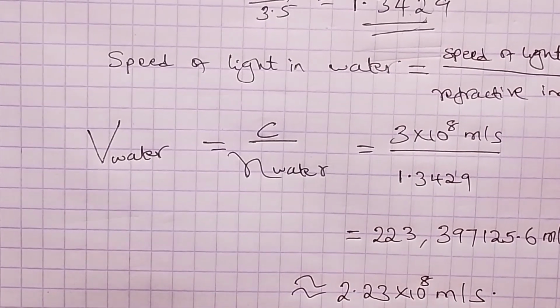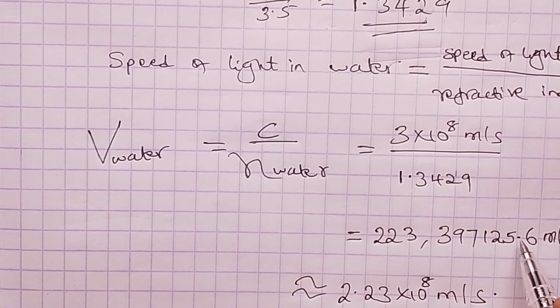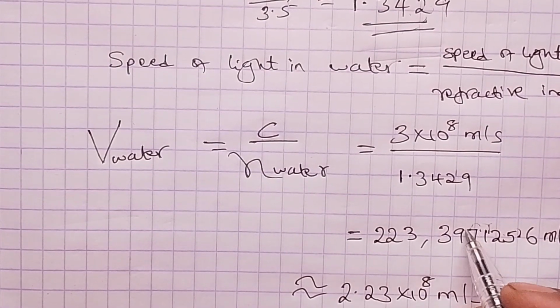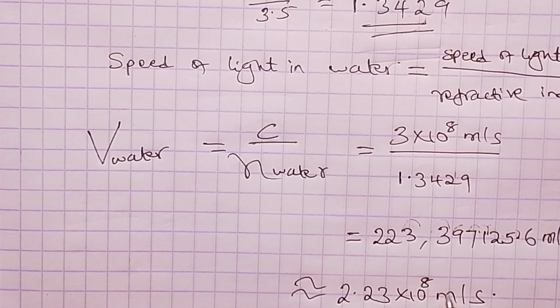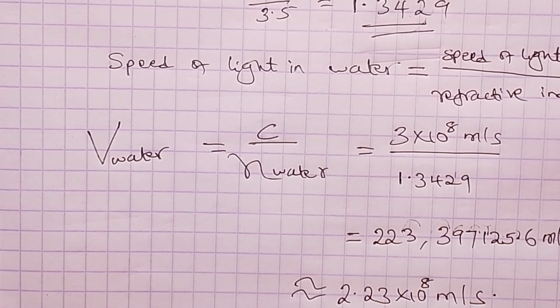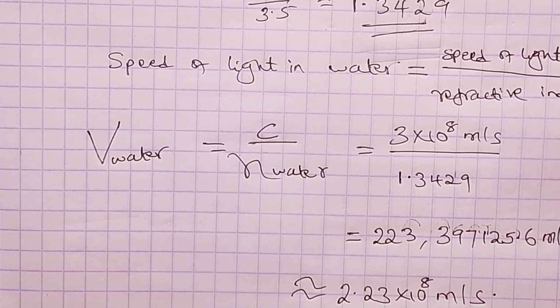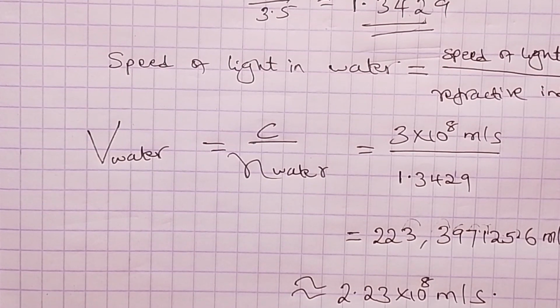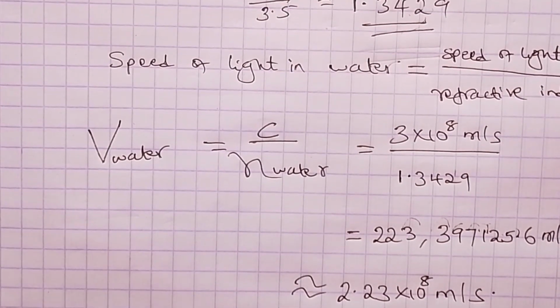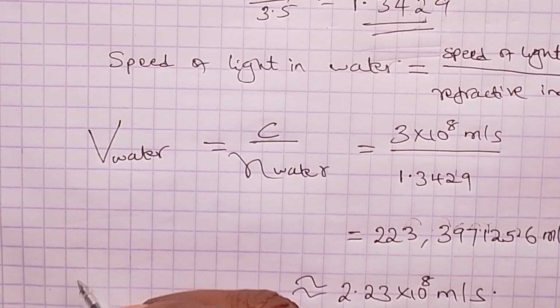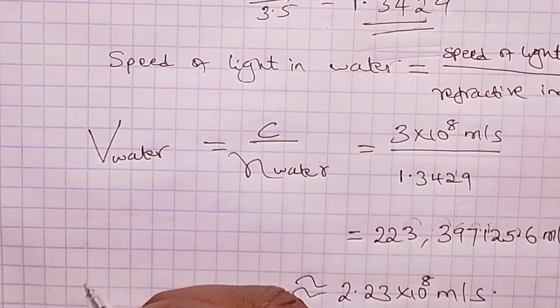That's now the speed of the blue light in water, approximately 2.23 times 10 power 8 meters per second. That's good. That's how we calculate the wavelength and the speed in water.